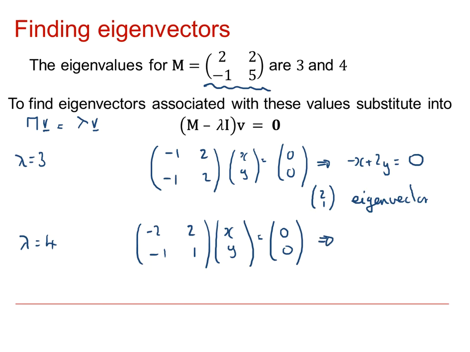So both of those are equivalent to minus x plus y is equal to 0. So this is the invariant line, and that is the same as y equals x, which has a direction of the vector (1, 1). So (1, 1), or any multiple of that, is the other eigenvector.